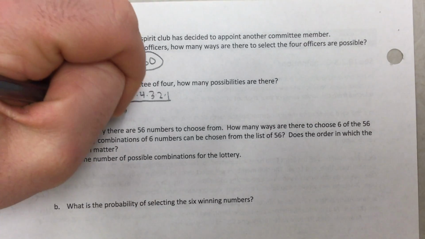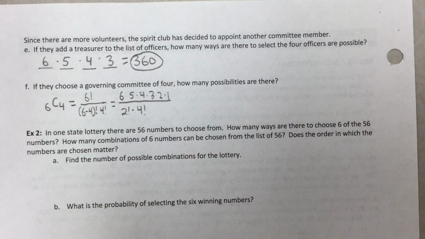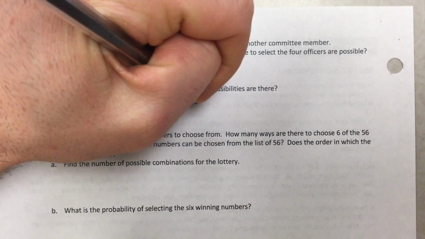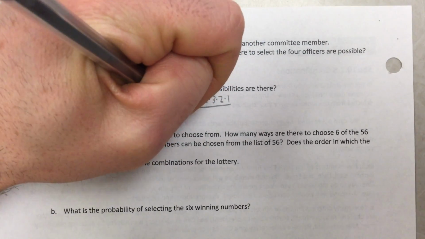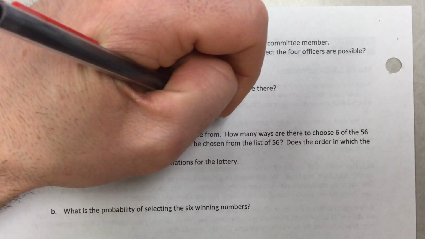Six minus 4 is 2, 2 factorial times 4 factorial. And so we would have here 6 times 5 times 4 times 3 times 2 times 1 over 2 times 1 times 4 times 3 times 2 times 1.